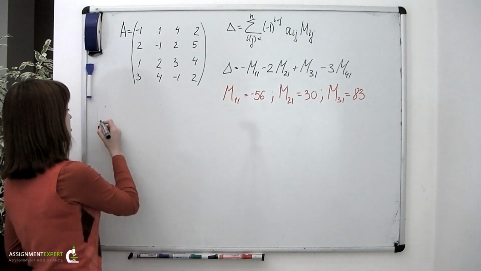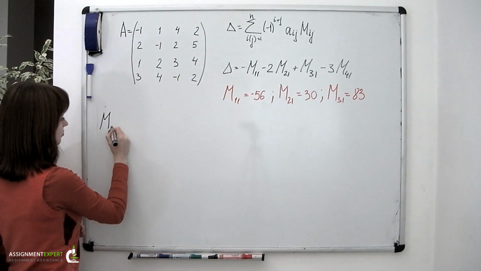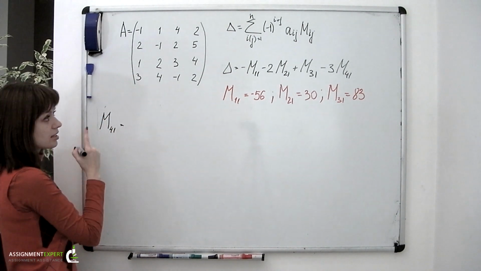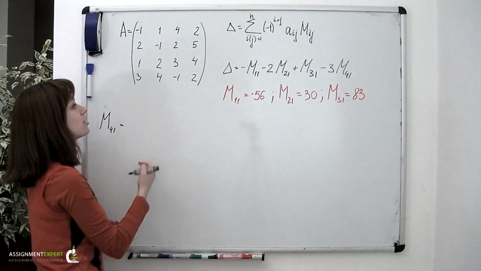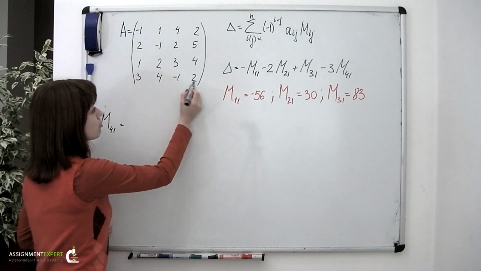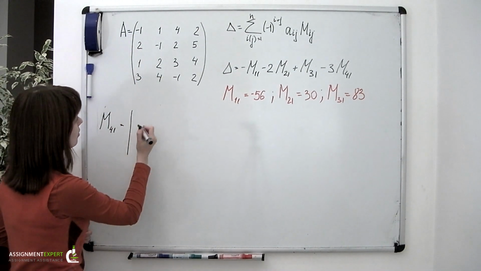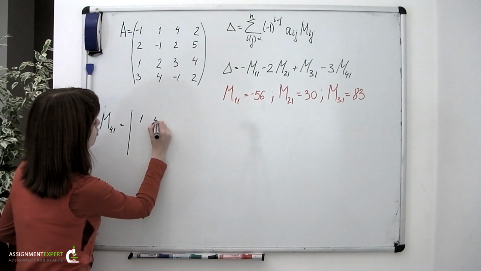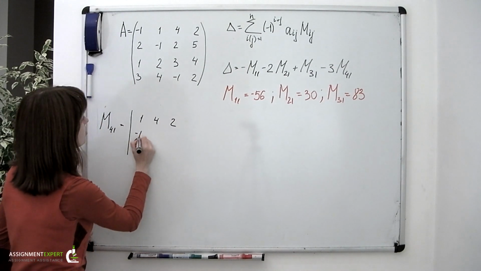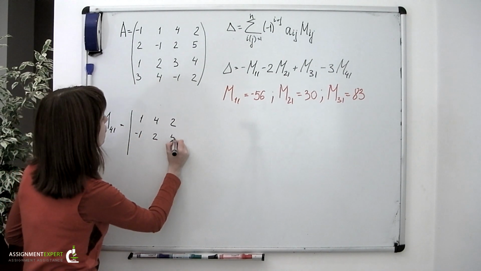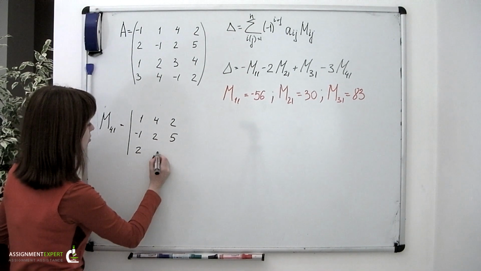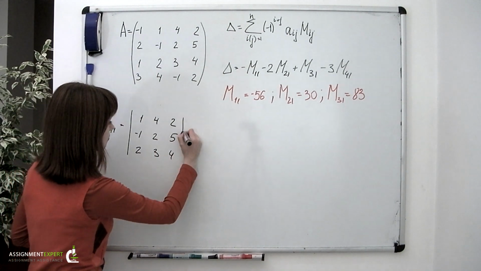The last minor, M sub 4, 1, is a determinant of a matrix obtained from the initial one by crossing out fourth row and first column. And that is 1, 4, 2, negative 1, 2, 5, 2, 3, 4.